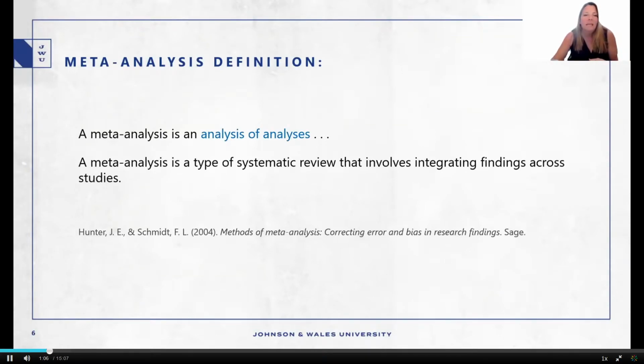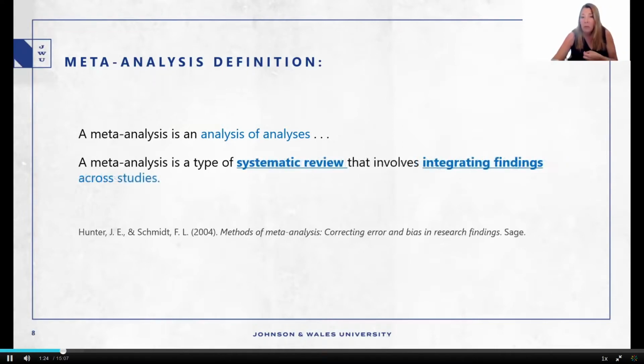If we look at Hunter and Schmidt's definition, it's a type of systematic review, one that involves integrating findings or effect sizes across studies. So a meta-analysis is a subset or a type of systematic review.